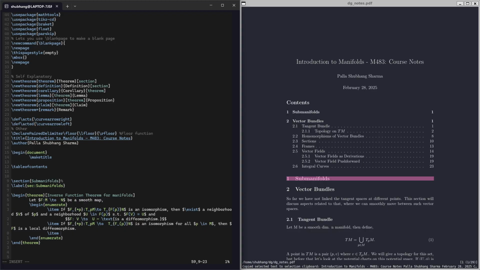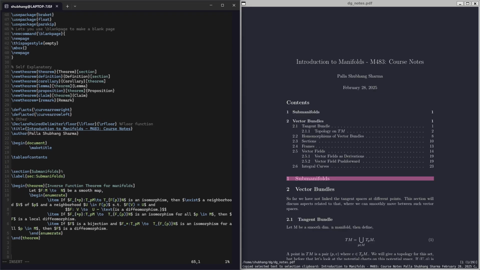What next is that if f is a bijection and f star from T_p M to T_{f(p)} N is an isomorphism for all p in M, then f is a diffeomorphism.